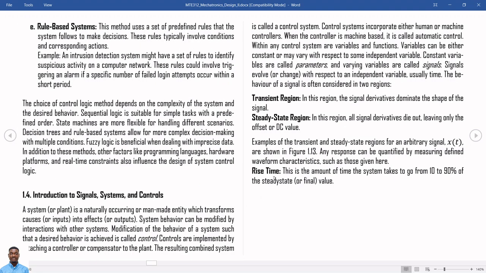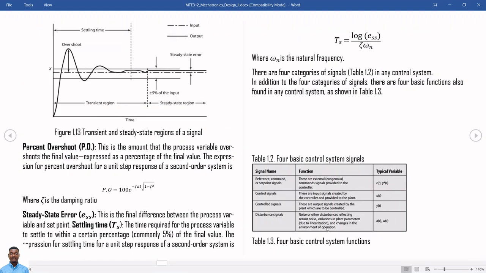So there are different regions of your signal behavior. One of them is your rise time. The rise time is the amount of time the system takes to go from 10 to 90% of the steady state value.